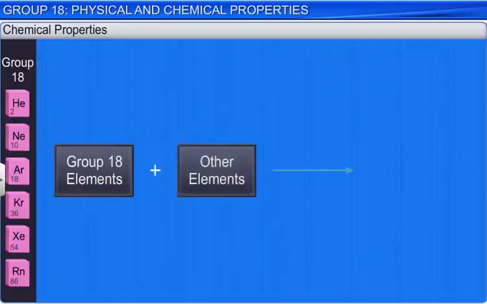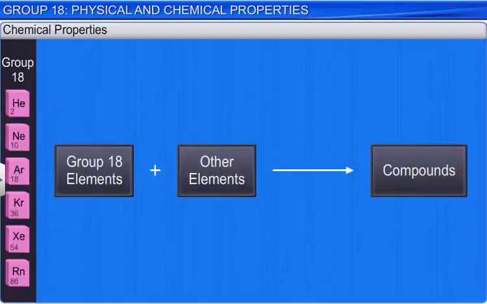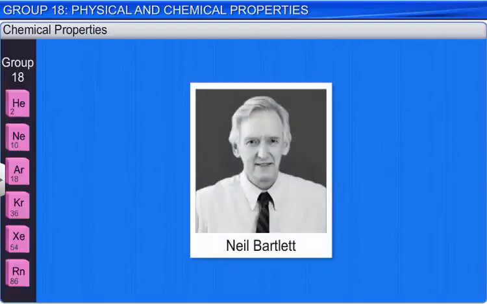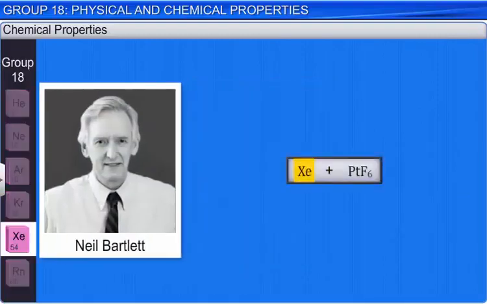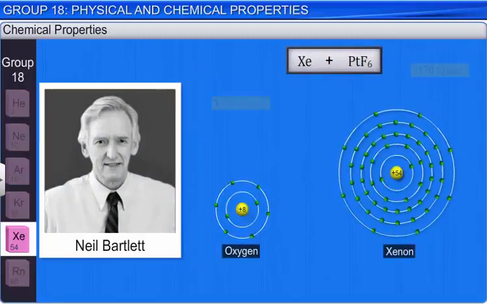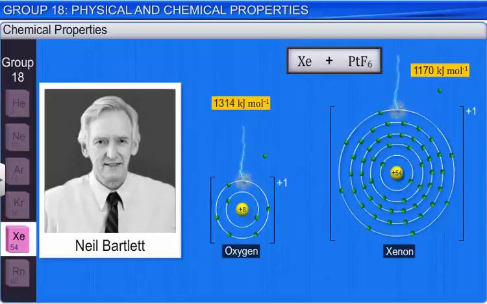Before 1962, several attempts made by chemists to force these elements to react and form compounds were unsuccessful. In 1962, Neil Bartlett predicted that xenon should react with platinum hexafluoride just as dioxygen because the first ionization energies of both oxygen and xenon are nearly the same. His efforts were successful.